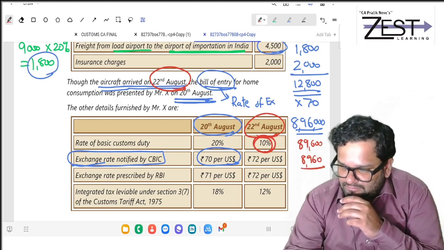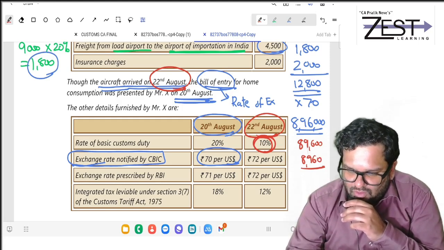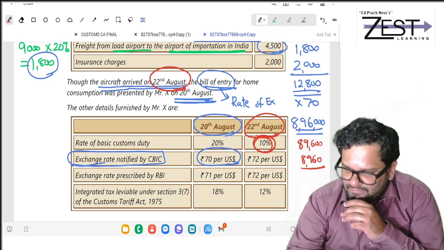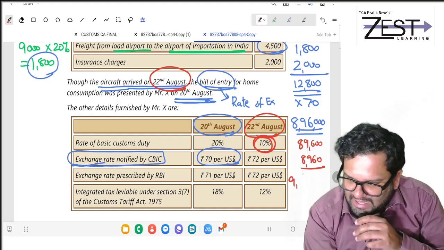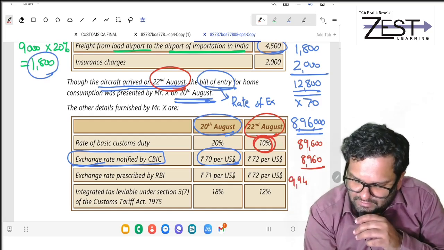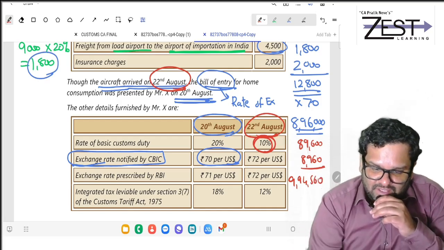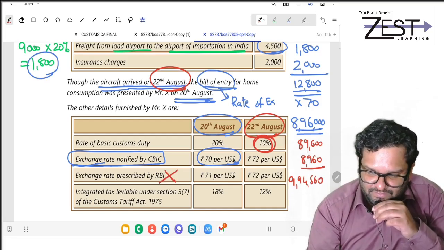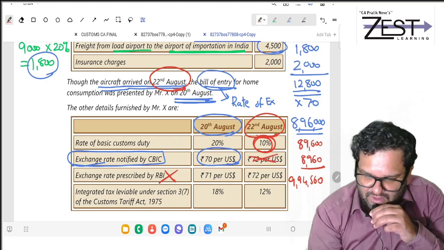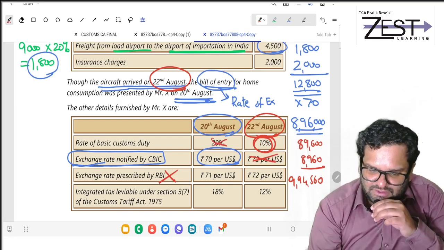Now tell me, what is your assessable value for levy of IGST? Is it 9 lakh 94,560? See, the exchange rate prescribed by RBI is unnecessarily given. This is unnecessary as on 22nd August, and I will not consider this.